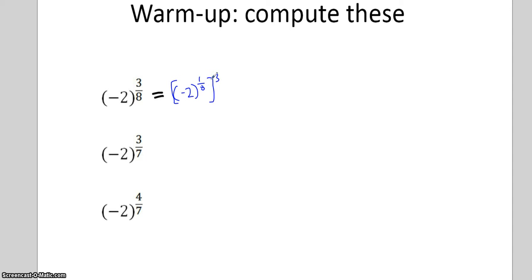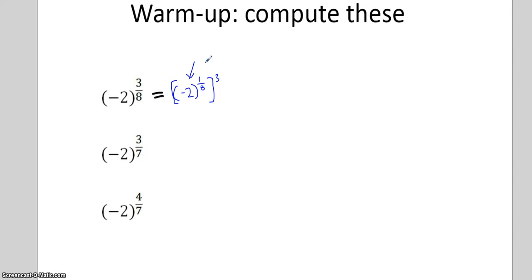And if we wanted to resimplify this, when you have a power raised to a power, remember those multiply, so we would just get 1/8 times 3 to get back to 3/8. And now we can think of this expression as repeated multiplication. It's whatever the value of this thing is multiplied by itself 3 times.